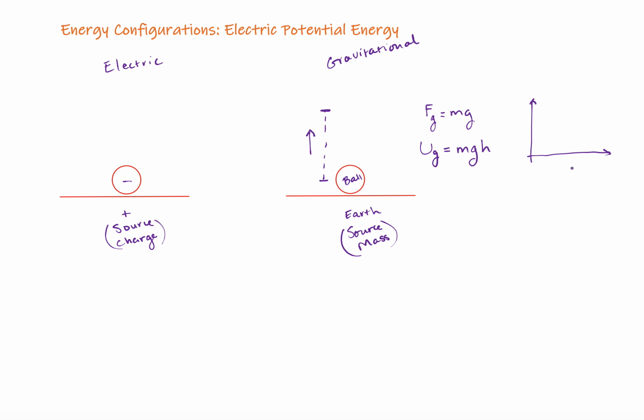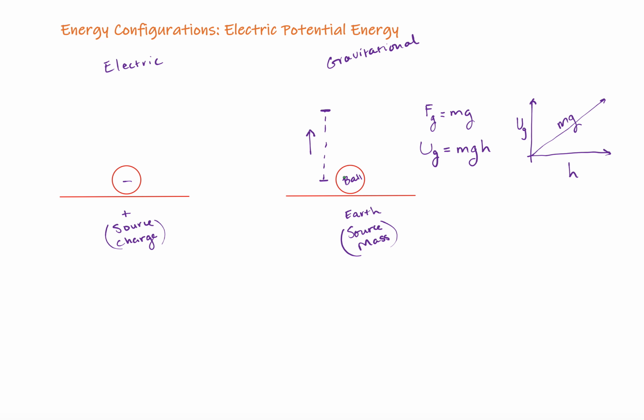So I'm going to draw a graph of this, and it would just be this linear graph with the slope equaling m times g. Now, in this case, when we're moving the ball higher up, I want you to think of it from a different perspective.